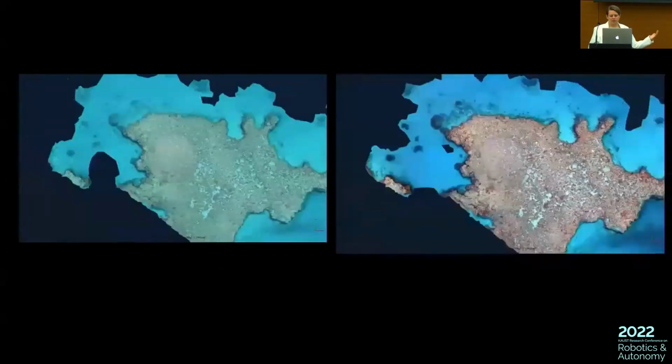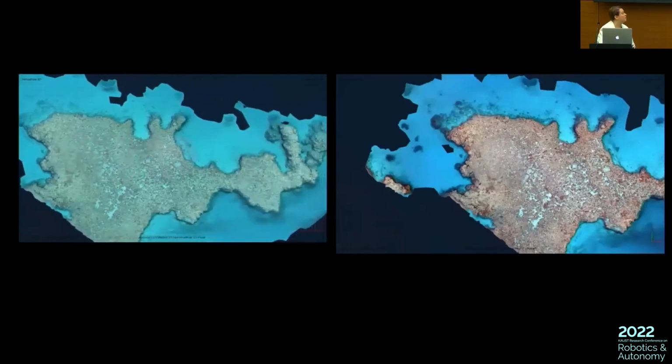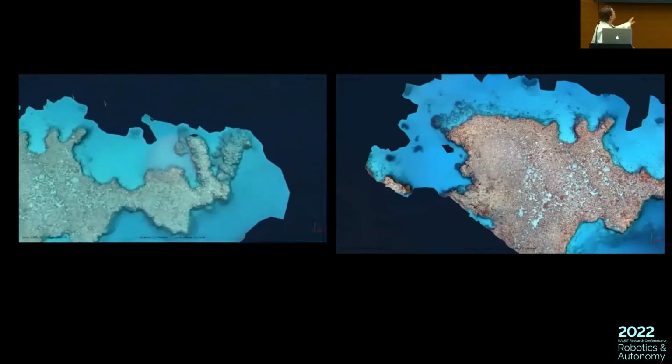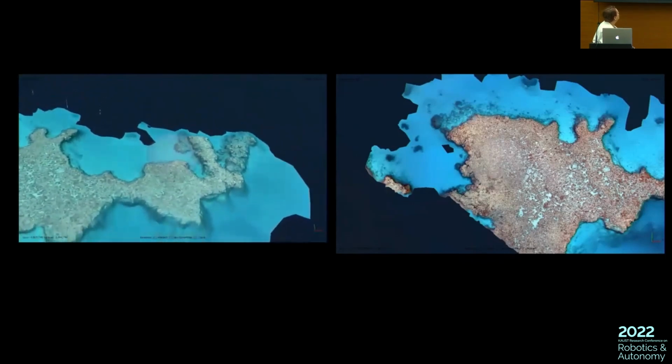Okay, so why does this matter with photogrammetry and the things that we're looking at? So if we look here, I hope it plays the video. Okay, so here is the same section of the reef. Let's watch it for a second.